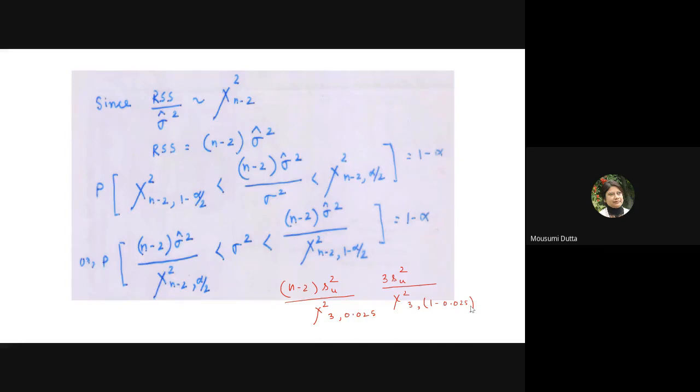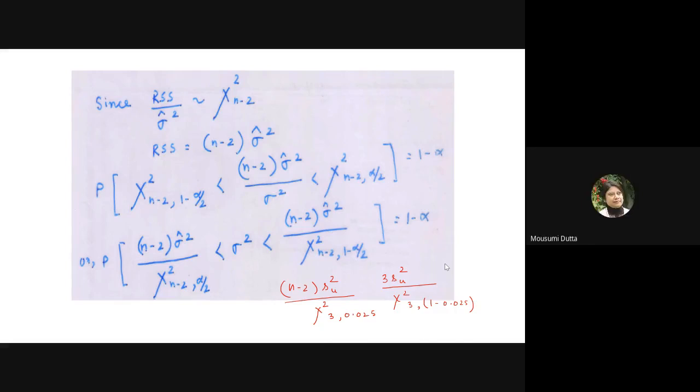No, it is not 0.025. Sorry. Here I think I told you about the 90% things, na? Yes, ma'am. Ma'am, it will be 0.5, right? I think I told you about alpha by 2. 90%.